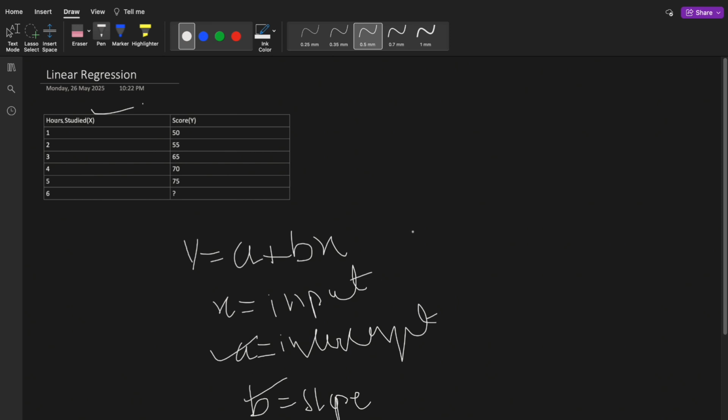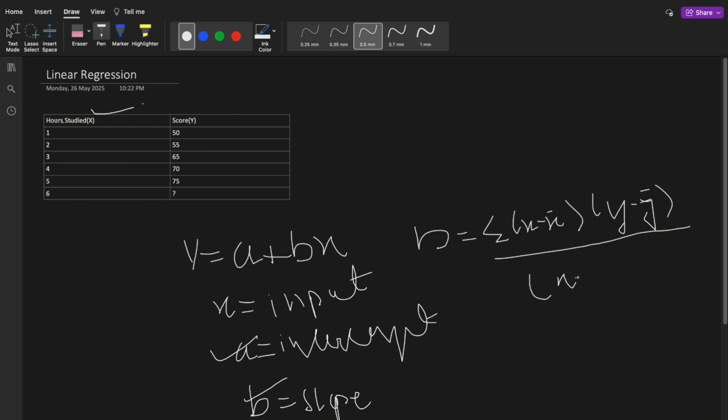So the formula for b equals the sum of (x minus x mean) into (y minus y mean), divided by (x minus x mean) whole square.